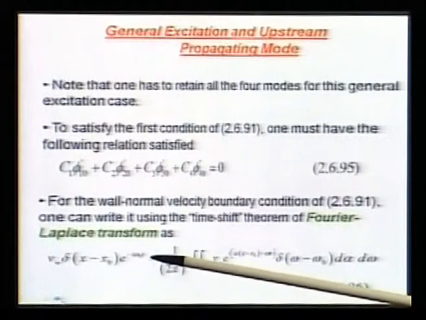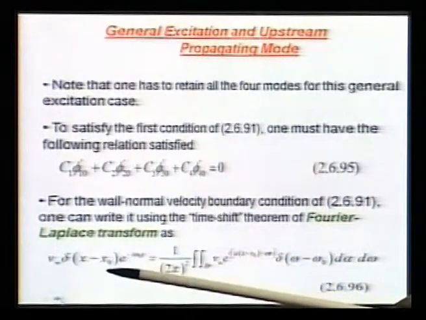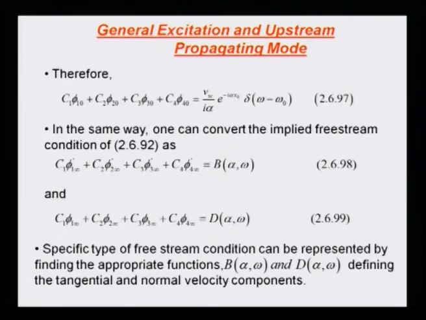So that is what you get, e to the power minus i omega t. This is exactly the representation in the Fourier-Laplace transform plane. And once you do that, that provides you the second set of conditions at the wall, written on top. So that is your wall normal component of velocity.